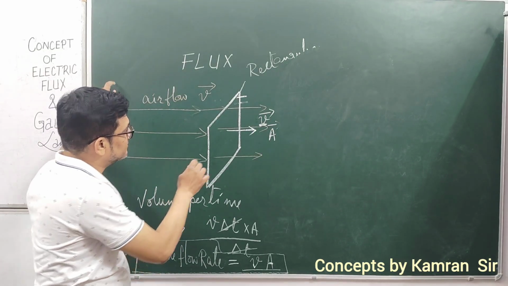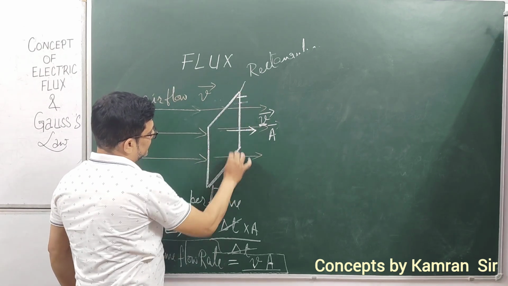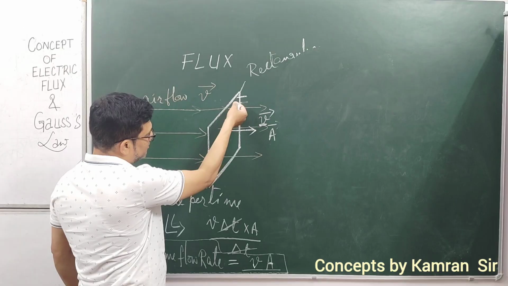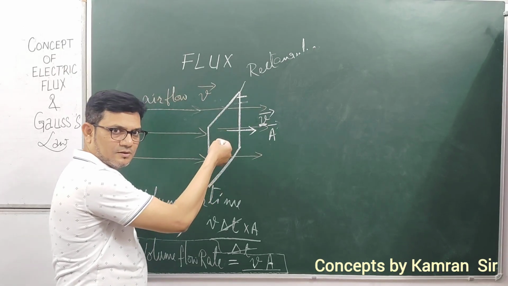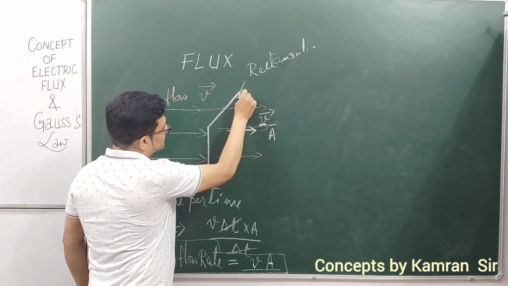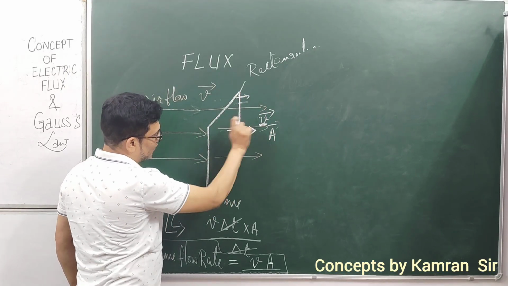If I divide this rectangular area, big A, into small chunks, small squares that fit into it, through those small squares, the velocity is the same, v A.